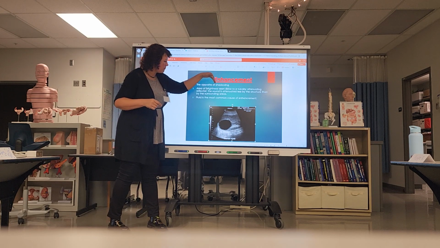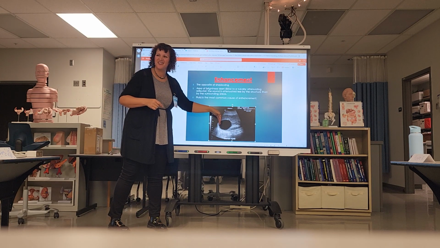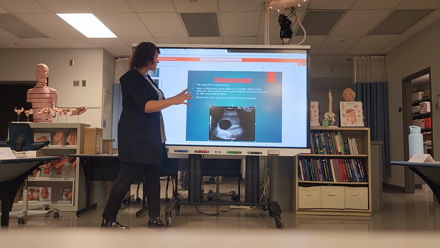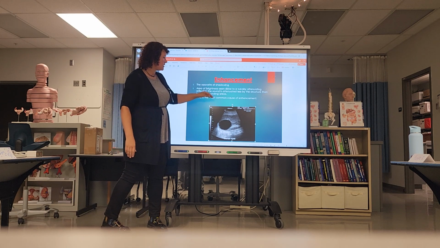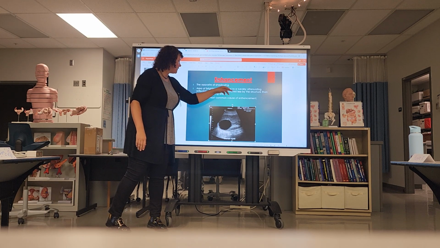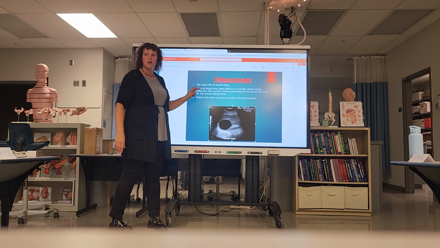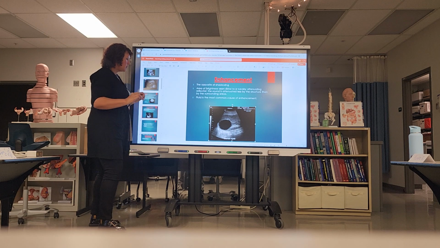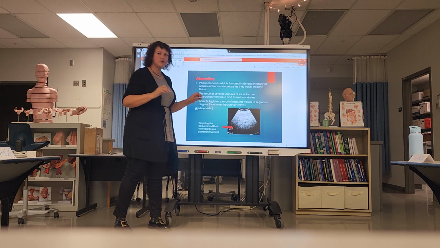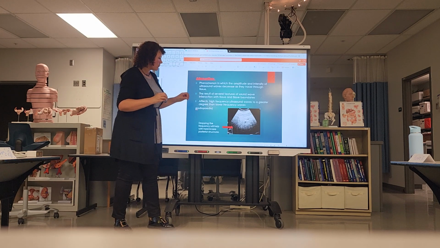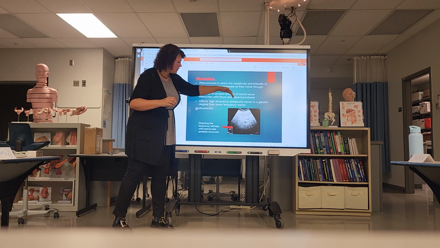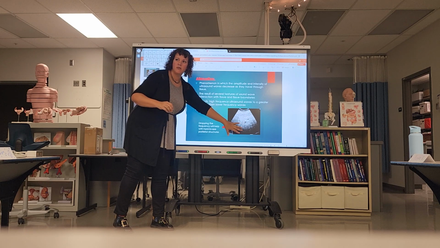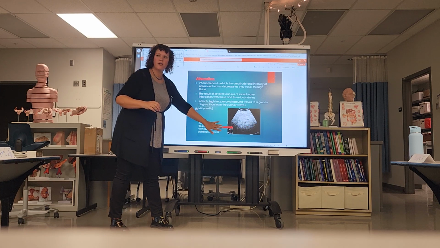So the sound beam goes really fast through it. In more physics terms, it's an area of brightness seen distal to a weakly attenuating reflector. Attenuation is when your tissue is so dense that the sound beam can't penetrate through all of it, and you're going to lose information in the far field.